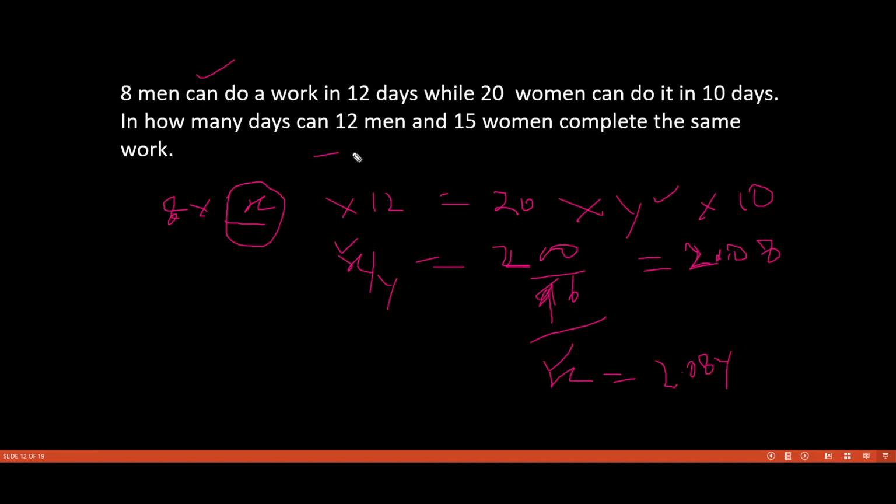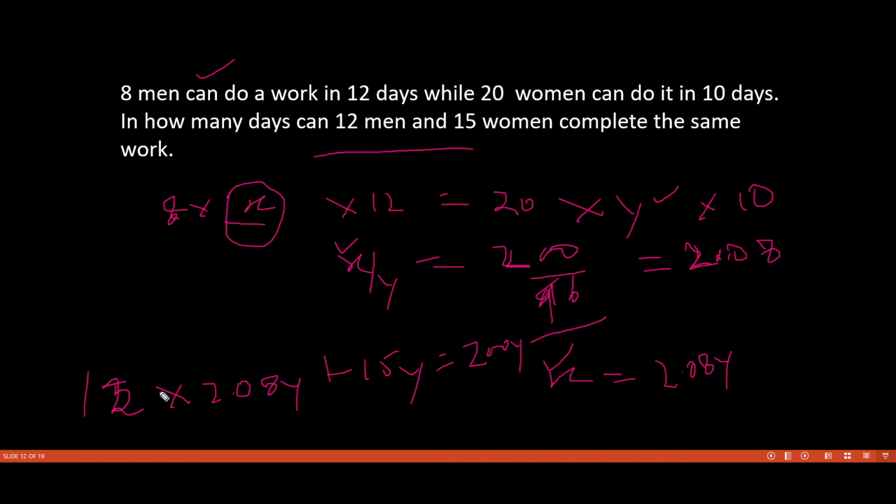All right. And now the same amount of work has to be completed by 12 men and 15 women. So they are asking the number of days. There are 12 men, so they are doing 24y plus 15y, which is equal to the 200y work the women are doing.